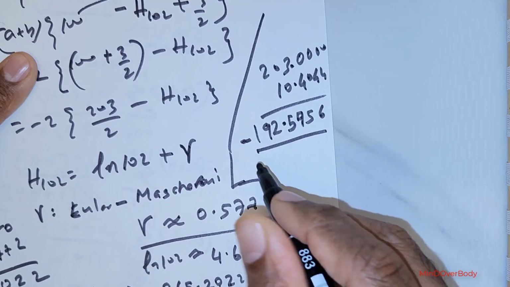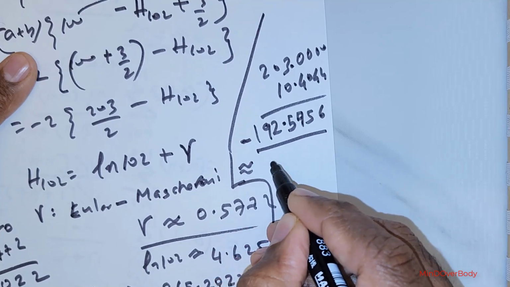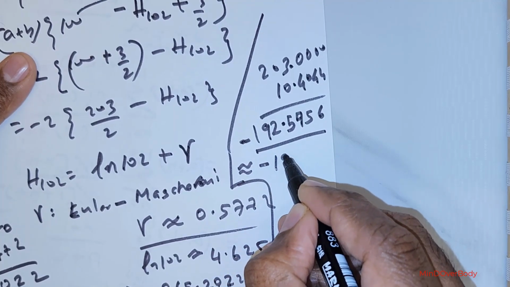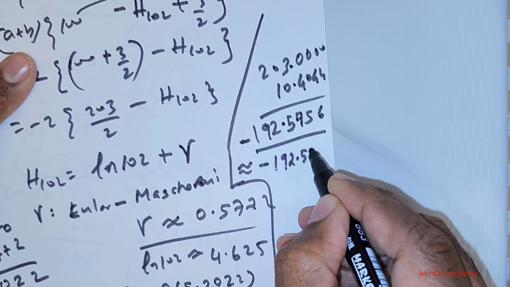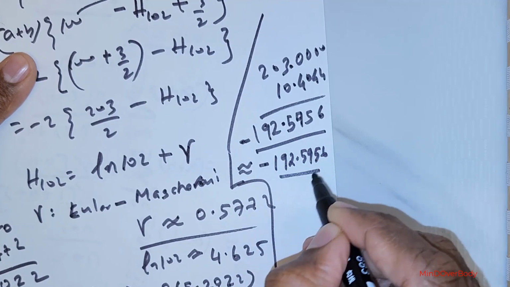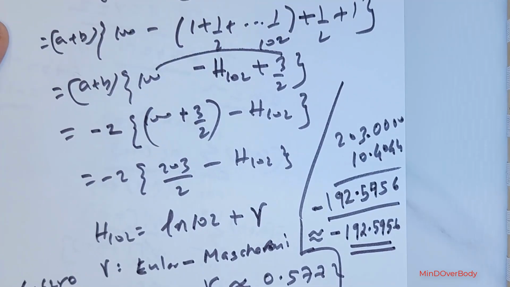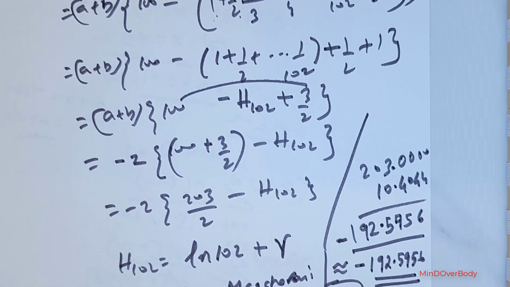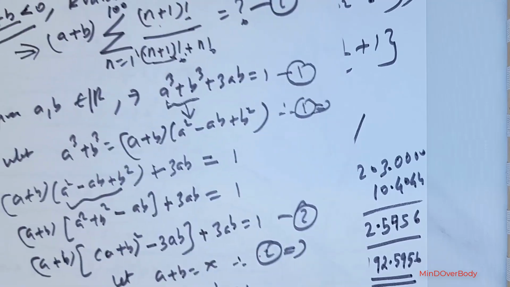So this is approximately negative 192.5956. This is the value you have got for this sum.